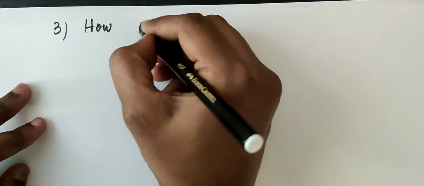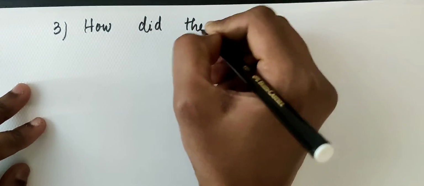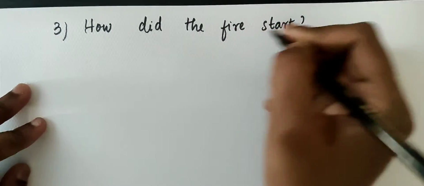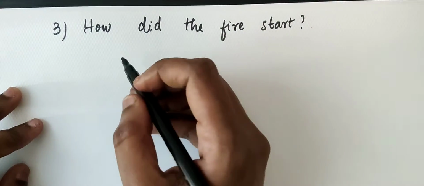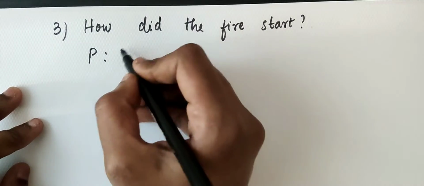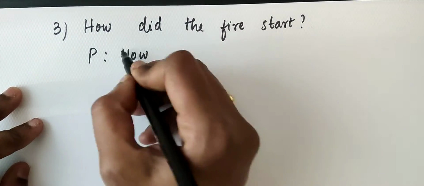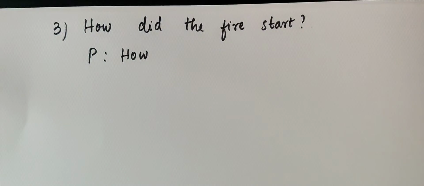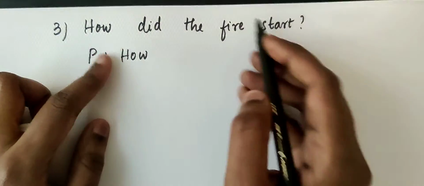Then this. How did the fire start? So here in passive, how will be repeating. How, this is in past tense.